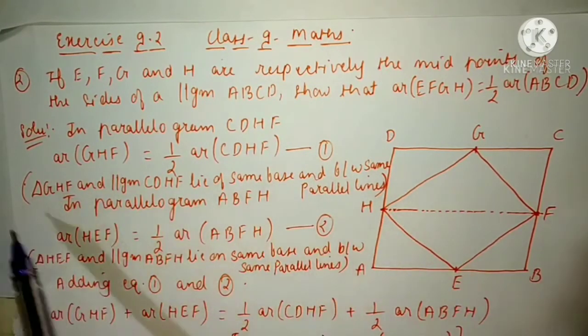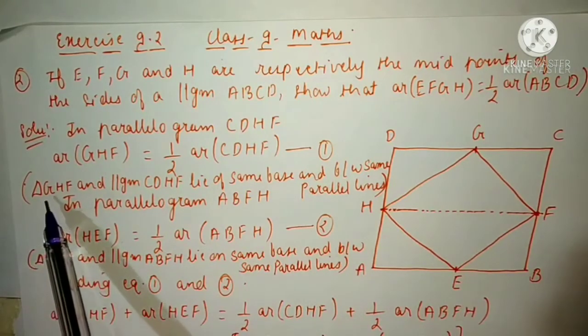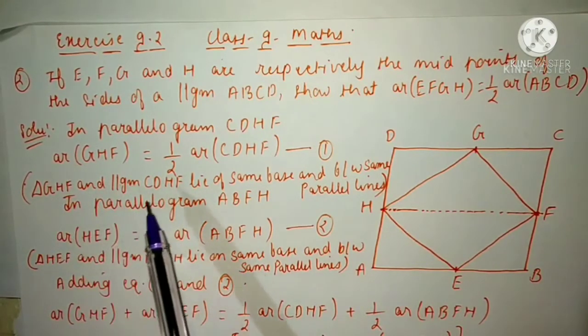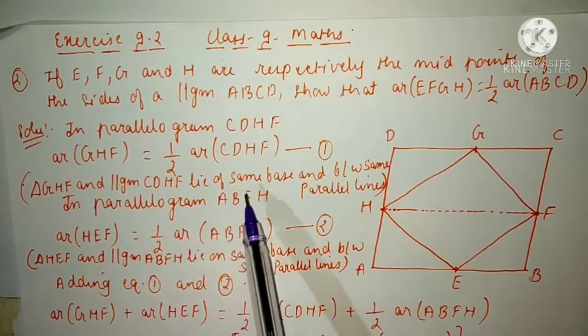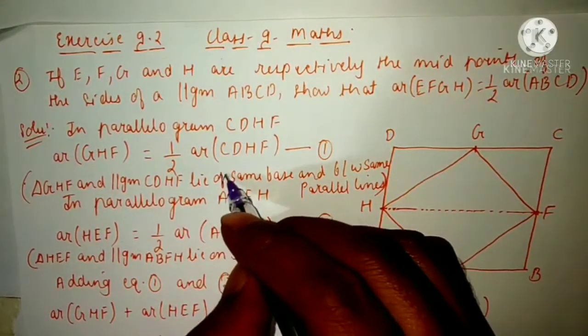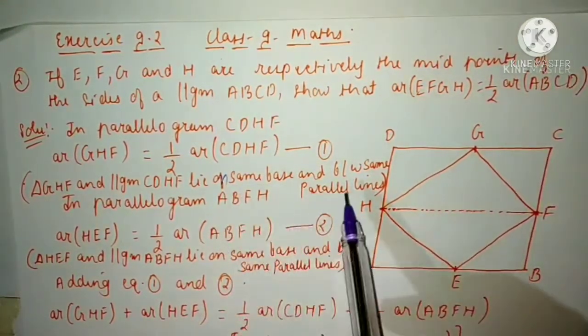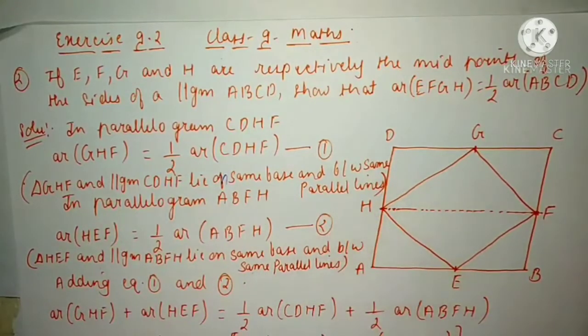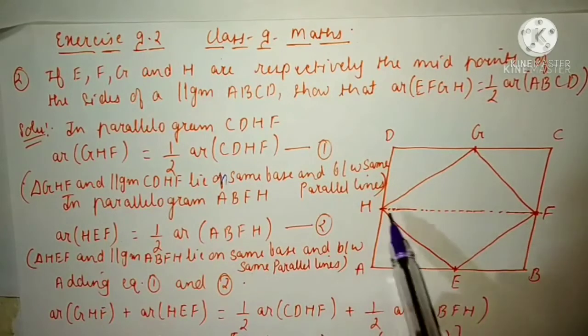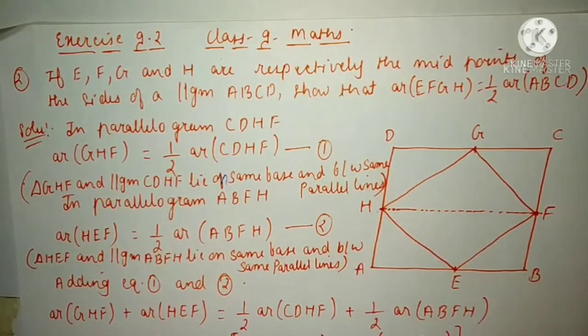And what reason will you write? Since triangle GHF and parallelogram CDHF lie on the same base and between the same parallel lines. Okay, now see the next one. In parallelogram ABFH, in this parallelogram also one triangle is being formed. Which one?